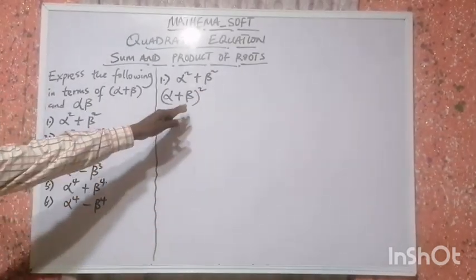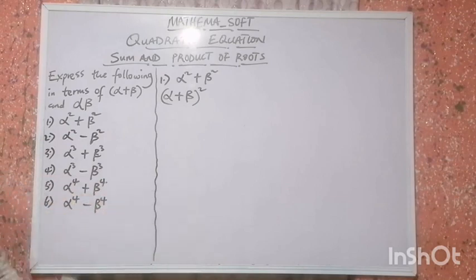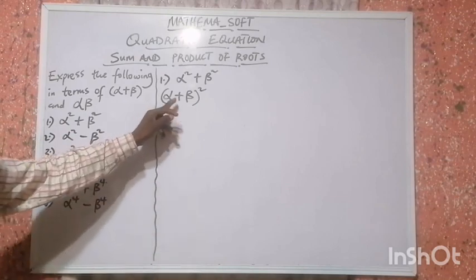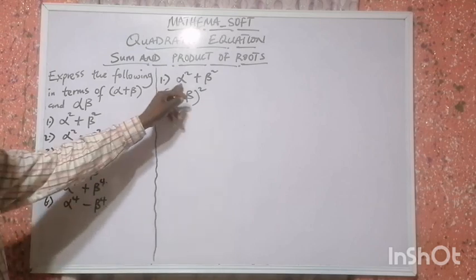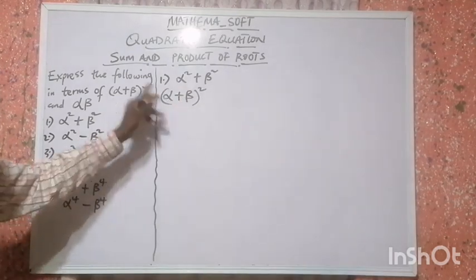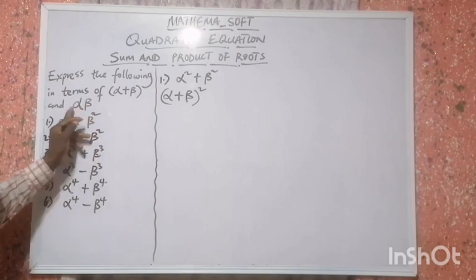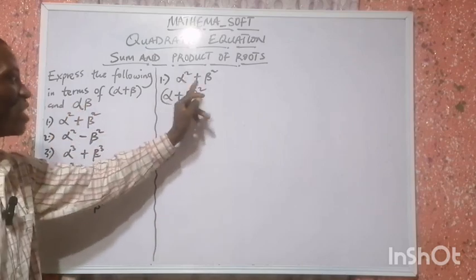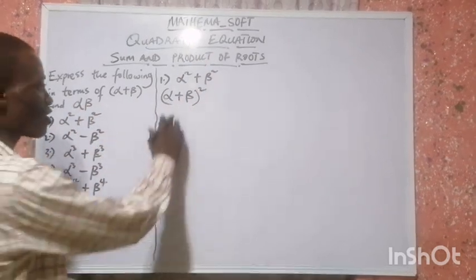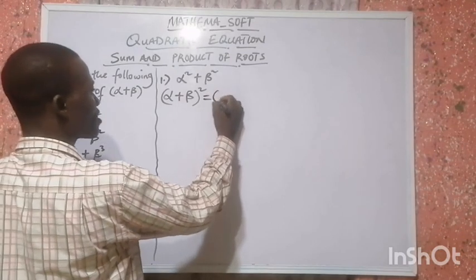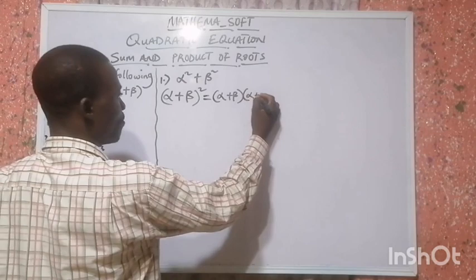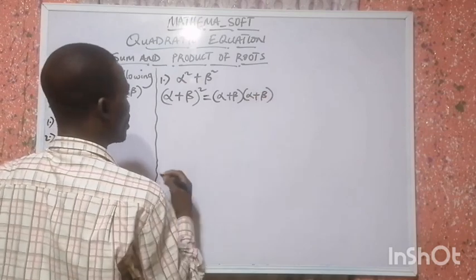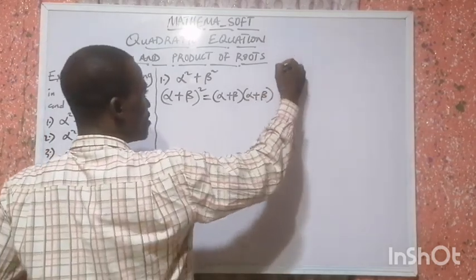So let us expand alpha plus beta all squared, and see how we can get an expression in terms of alpha plus beta and alpha beta for alpha squared plus beta squared. The expansion simply means alpha plus beta bracket alpha plus beta.